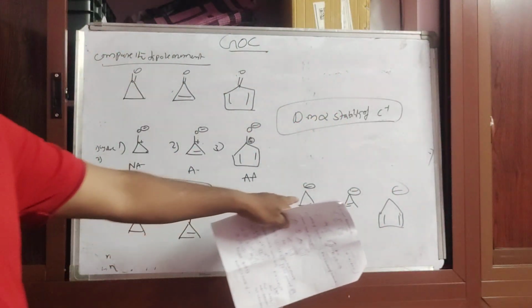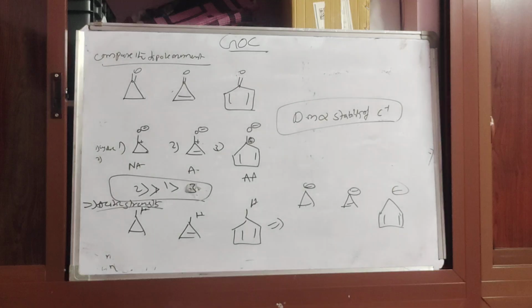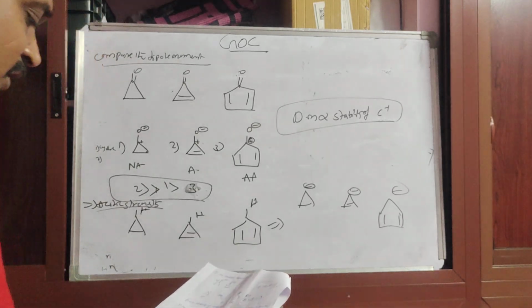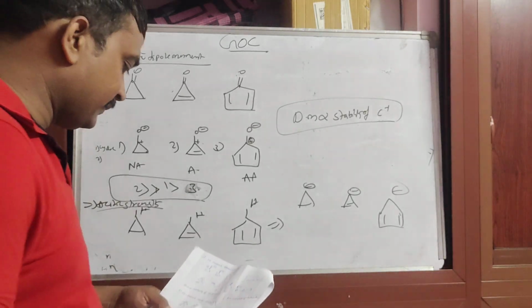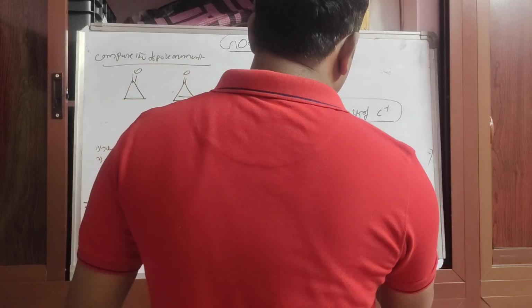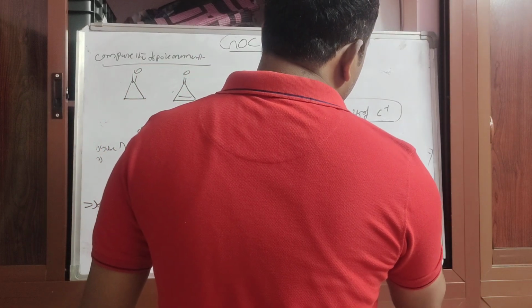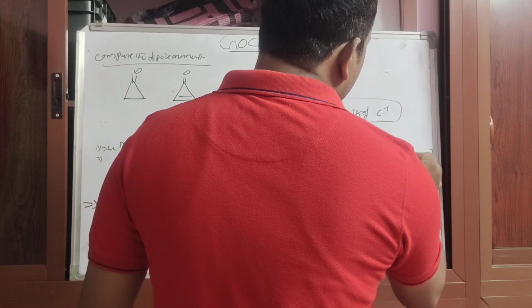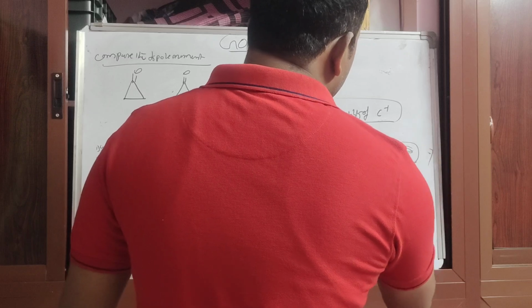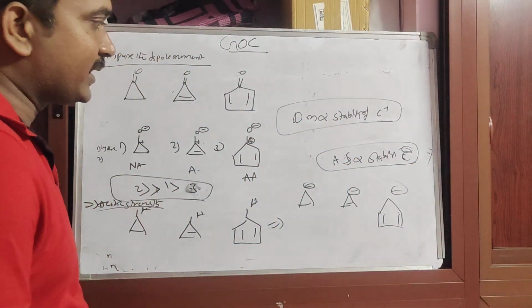The acidic strength depends upon the stability of the carbanion. Acidic strength is directly proportional to the stability of the carbanion. If the carbanion is more stable, then it is more acidic.